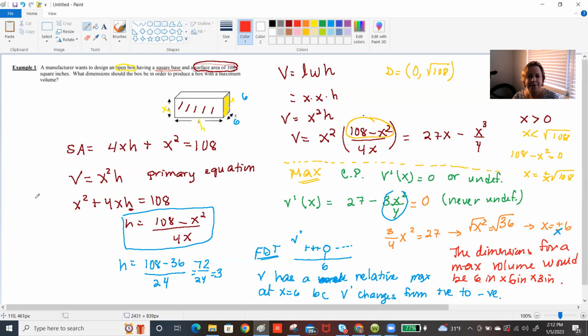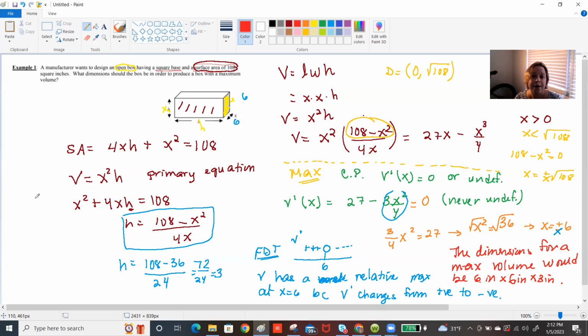I kind of left there that we check the domain of the original function, the volume. Remember, if we do include the endpoints, it works a little bit differently, but in this case we don't. We didn't have to worry about the endpoints, because at the endpoints there would be no box.